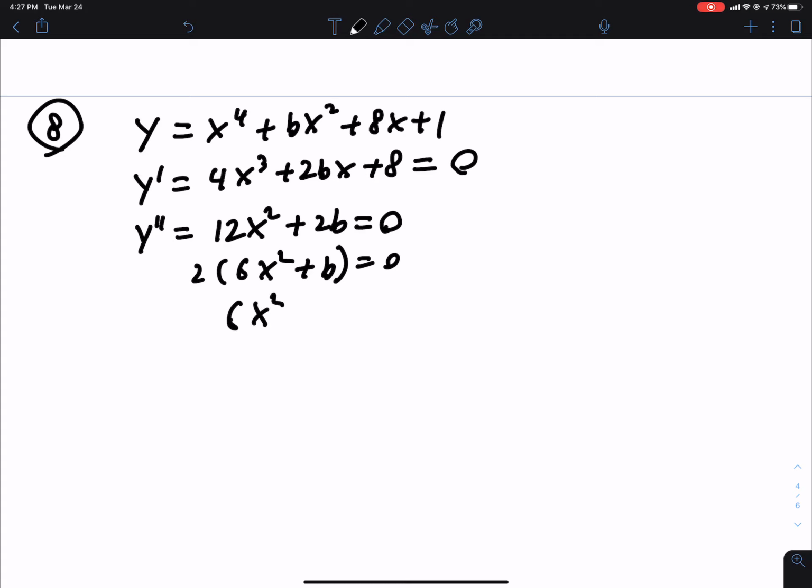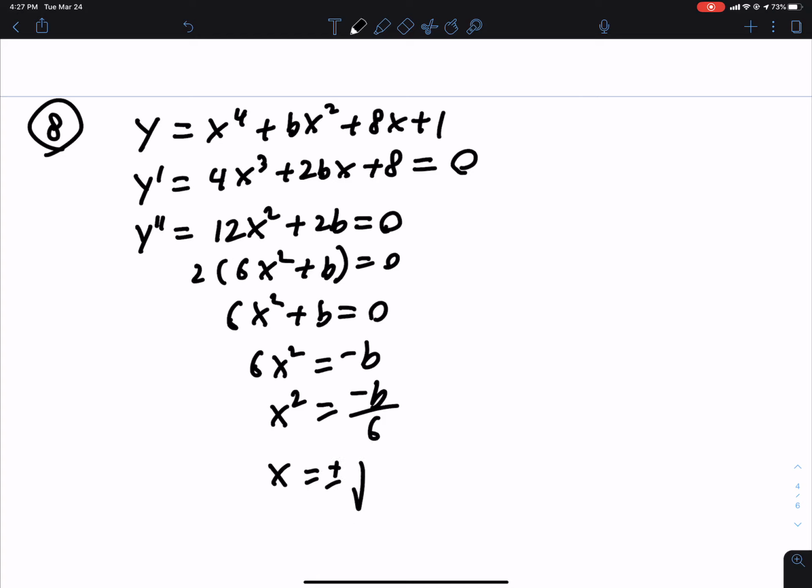Therefore, 6x squared plus b must be 0. I'm going to solve for x: subtract b from both sides, then divide both sides by 6, and square root. So that we know x has to be that number.